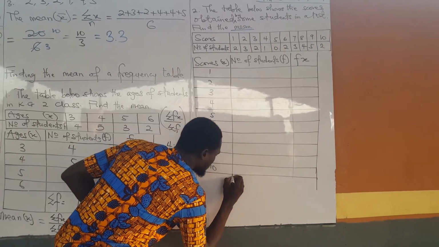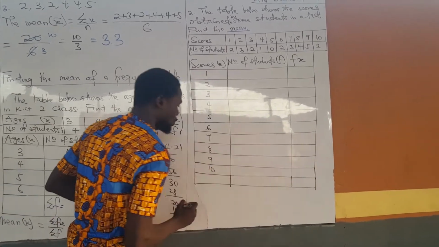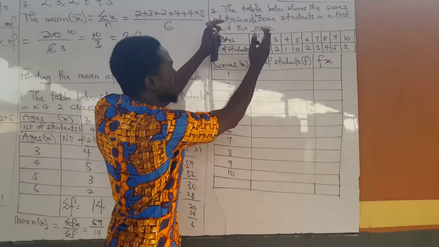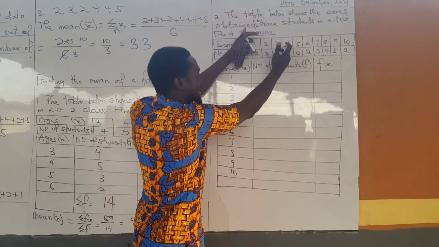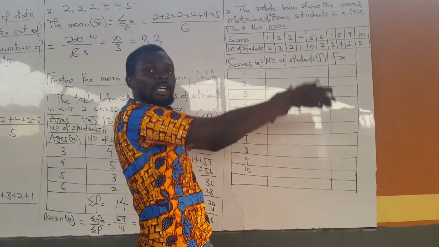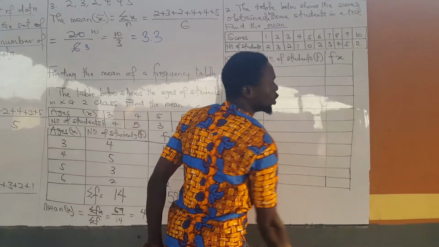Then you construct a last one where you do your segments. So this is the table that I was given, and before I can calculate my mean, I have to redraw my own table and add only the Fx column.